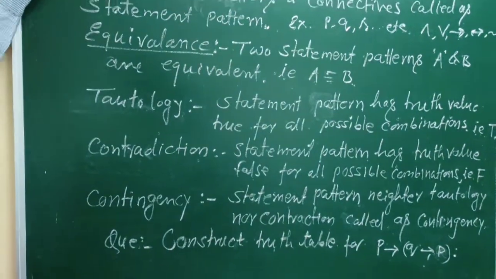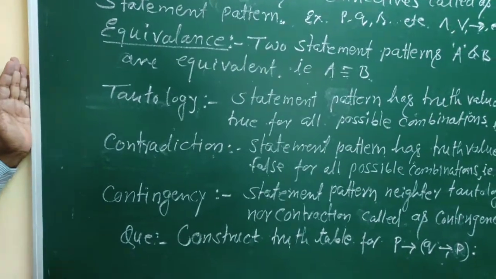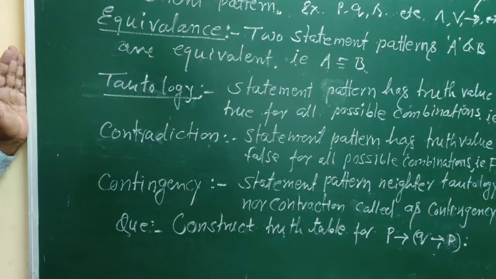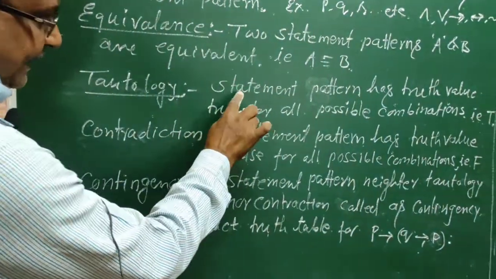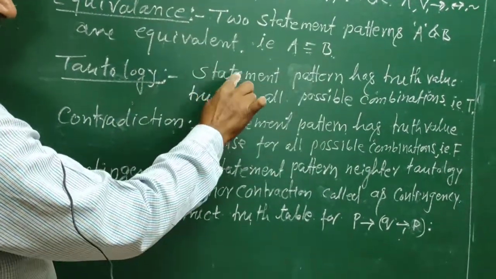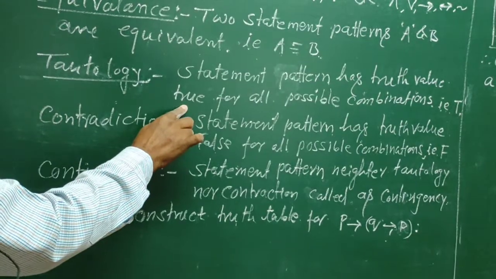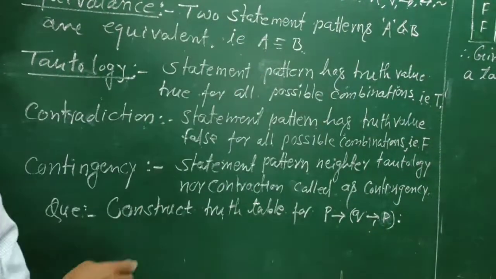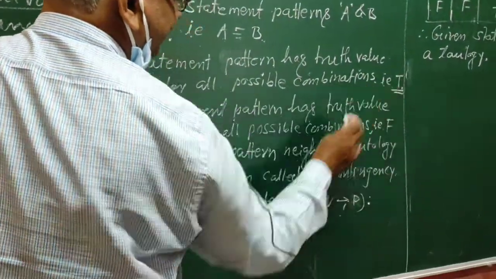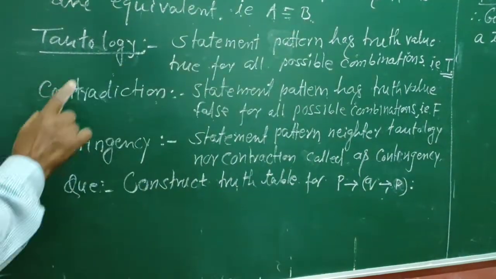Now these statement patterns are classified into three types here. The first type is a tautology. How can you define the tautology? When we consider the statement pattern, we say it is a tautology if the statement pattern has truth value true for all possible combinations, that is, truth value is T. Then that statement pattern is a tautology.